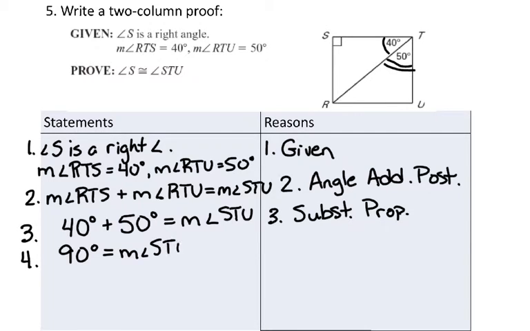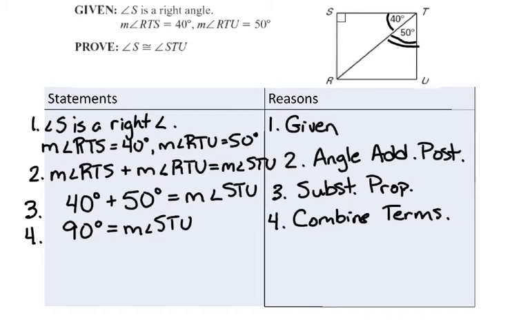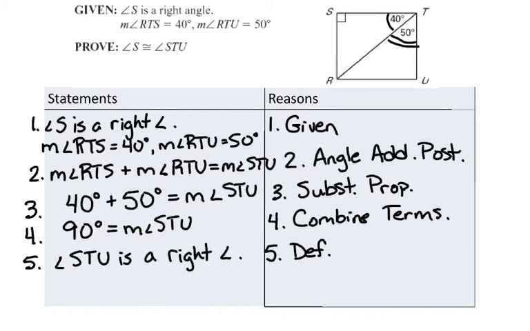Step 5. We're going to say that angle STU is a right angle, by definition of right angle, because by definition of right angle, angles are exactly 90 degrees.